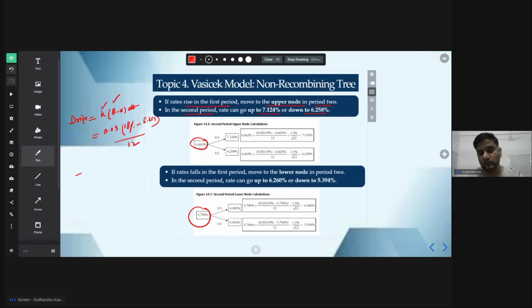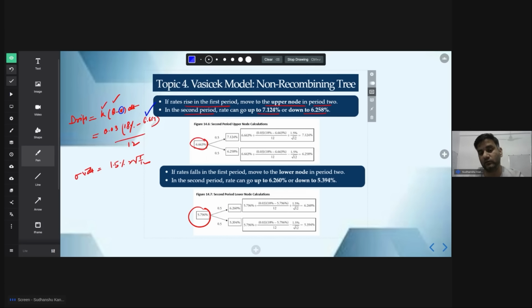And then your sigma root dt is the part which is not changing, because we still have 1.5%, multiplied by root of 1 by 12. The same thing is being done. The only thing you are changing in this whole calculation is r, which has a new value.